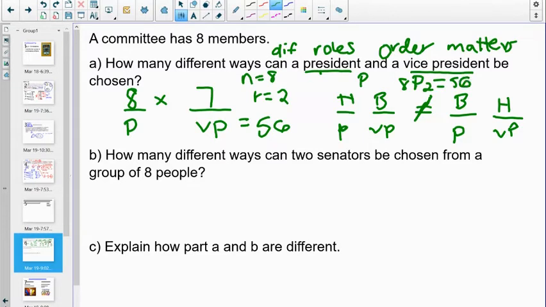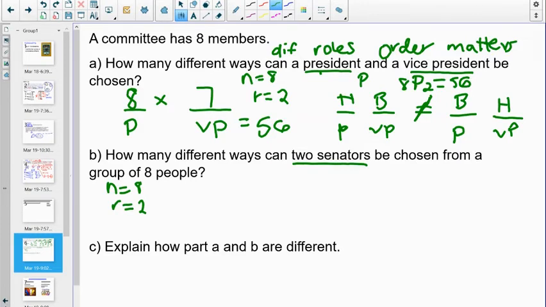Now for part B, it says how many different ways can 2 senators be chosen from a group of 8 people? Okay, so we have n still 8, so our n and r are still the same. But does the order matter is the question. So we have 2 senators. Are they having different roles? Are they ranked differently?